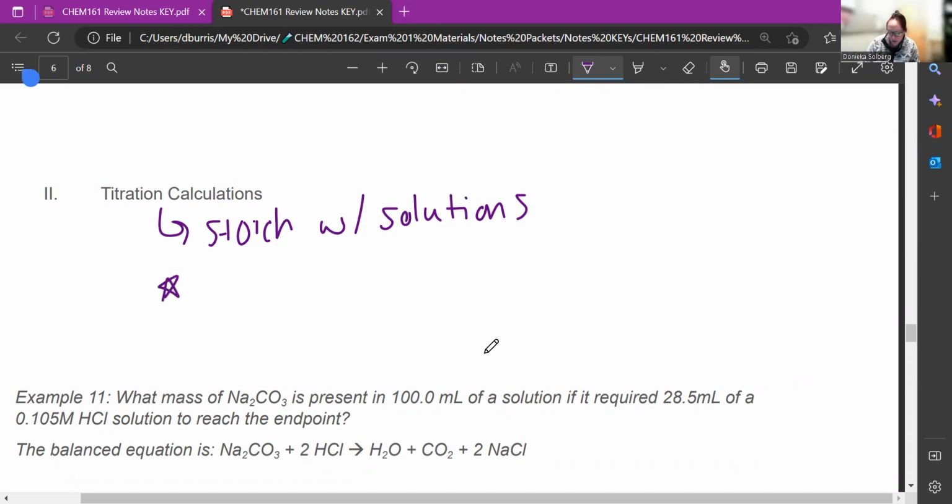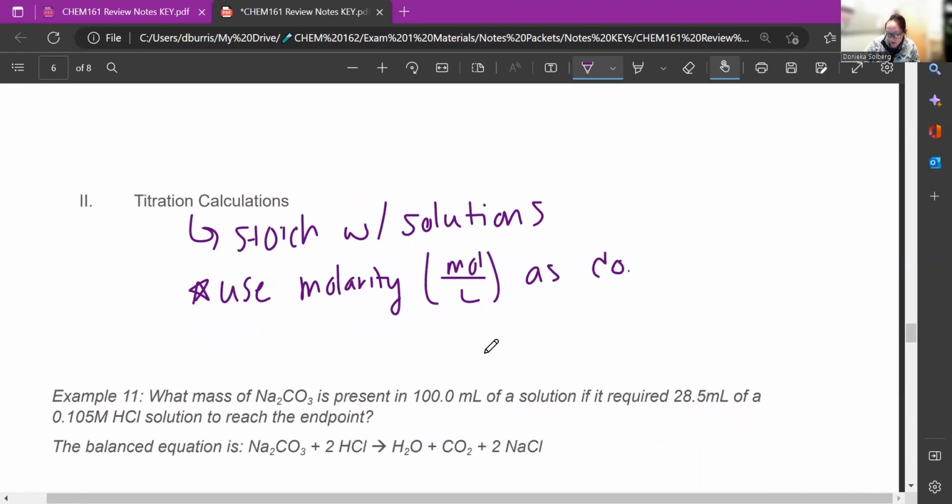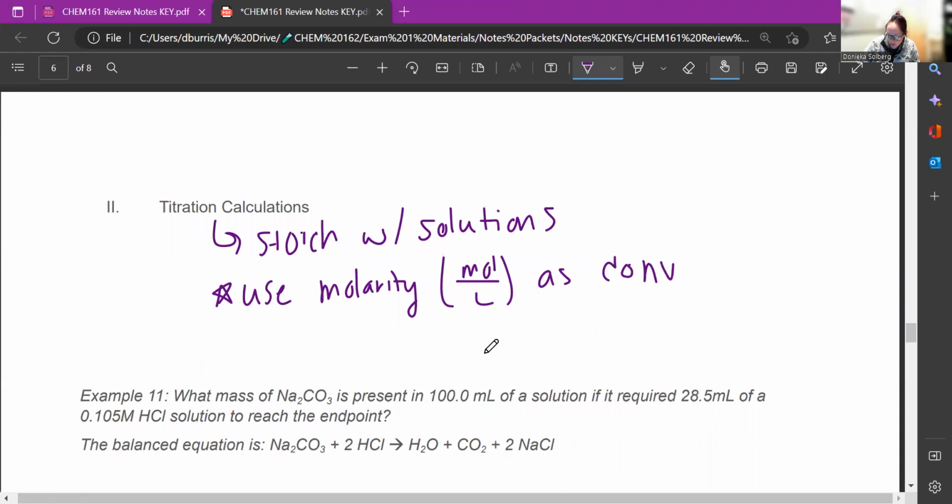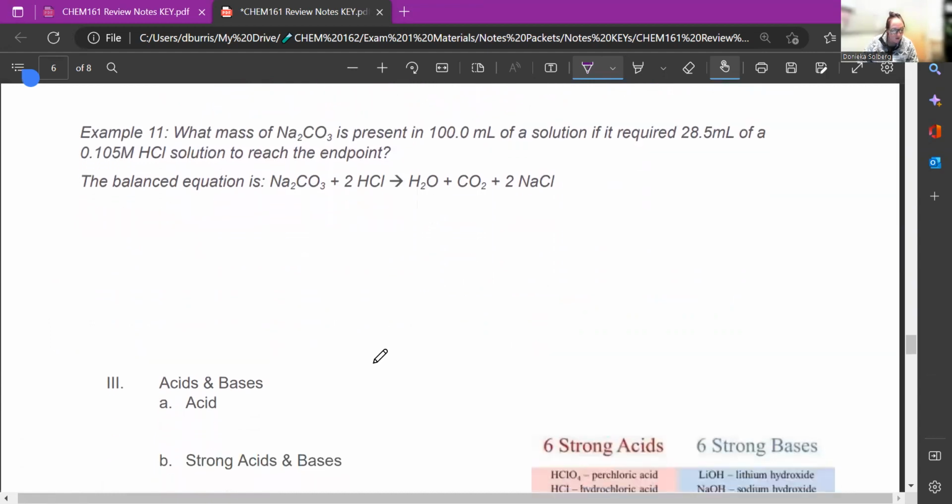So this is how I would do these. Use molarity, i.e. moles over liters, as your conversion factor. I'm going to do setup number 11, and then you guys can hopefully solve it.